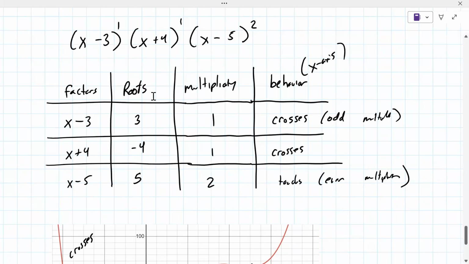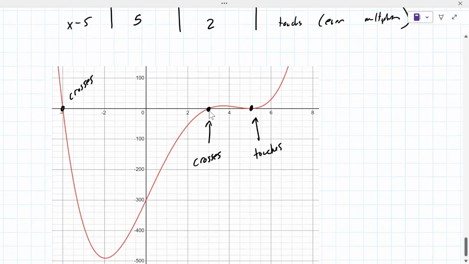That makes sense? Crosses the odd ones, touches the even ones. Is that okay?